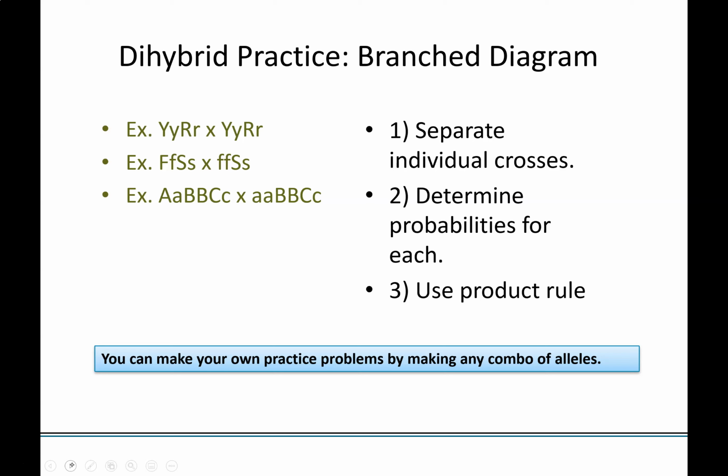You don't even have to necessarily give them specific phenotypes. You can if that makes it easier, but you can practice these on your own, making your own problems. So the first thing we're going to do is separate our alleles and look at them one at a time. We're going to determine the probabilities for each event, and then we are going to use the product rule to figure out our overall probabilities.